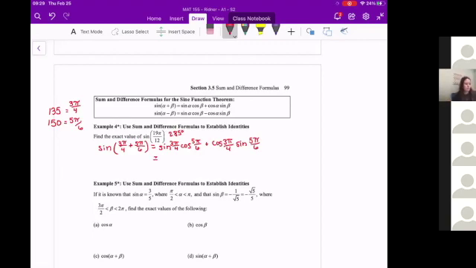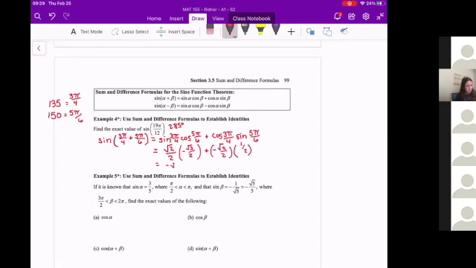Okay. Sine is positive because it's in the second quadrant. Cosine is negative because it's in the second quadrant. Okay.